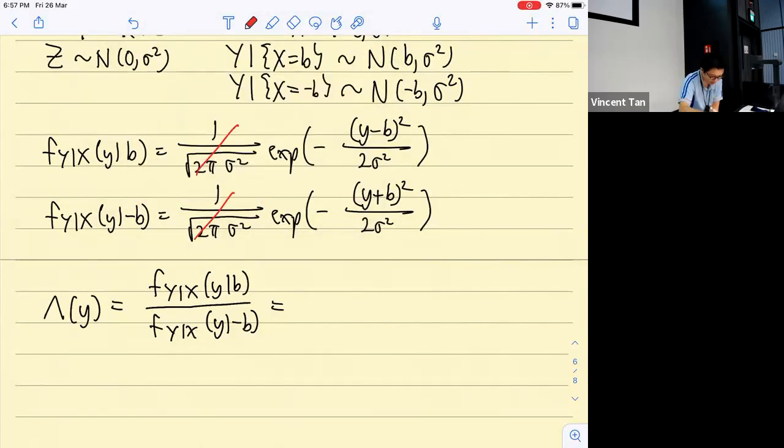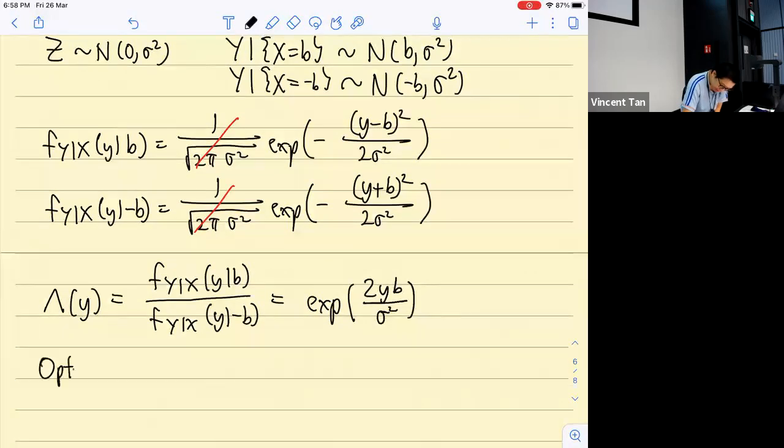And if you expand this part here, you see that the first term and the last term cancel. They are quadratic, so the y squared and the b squared cancel, and you only have the cross term left. I am not going to do all this algebra, because if I do, I will make a mistake. So I will just write down that the cross term remains, and it gives a factor of 2yb over sigma squared. Okay, this is all algebra.